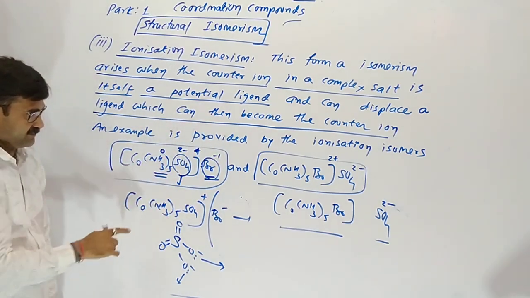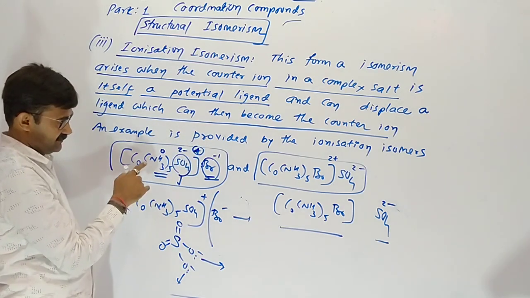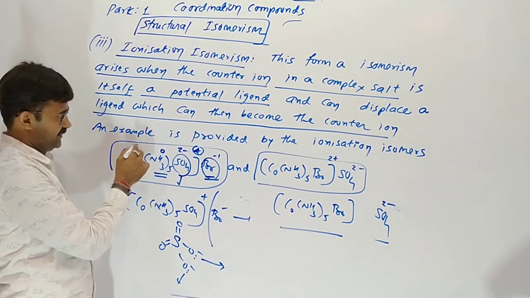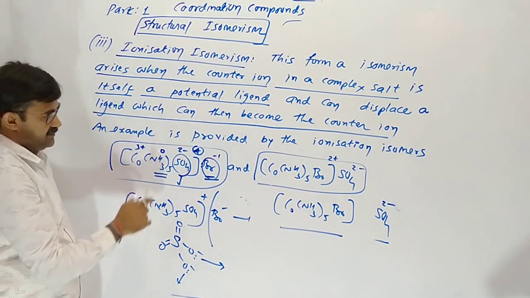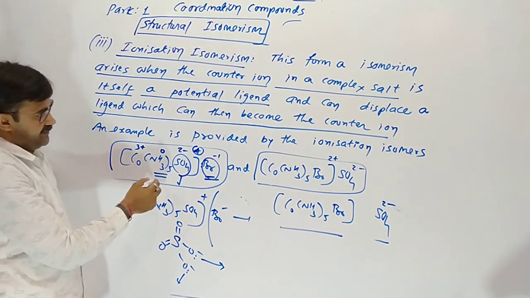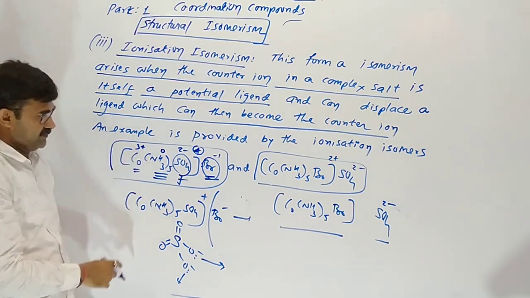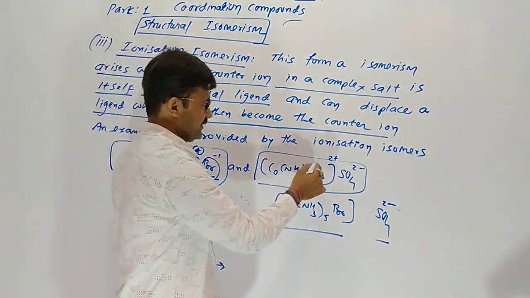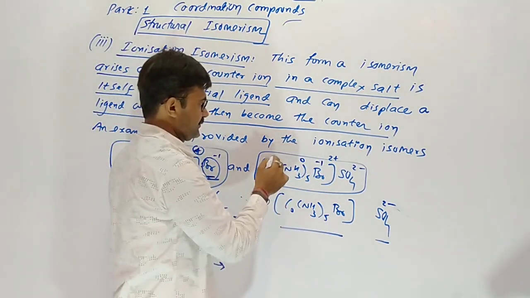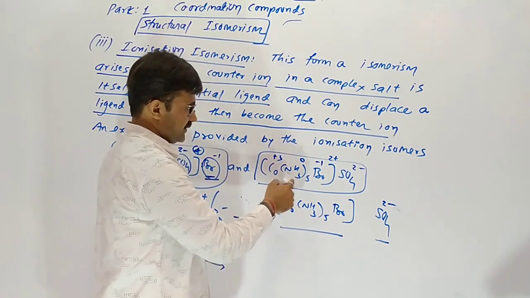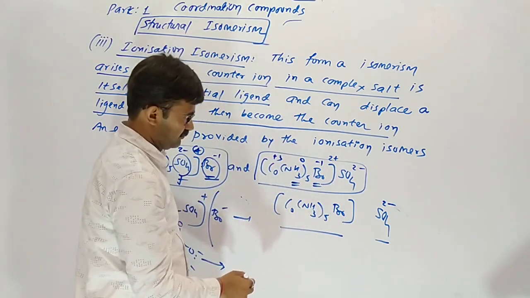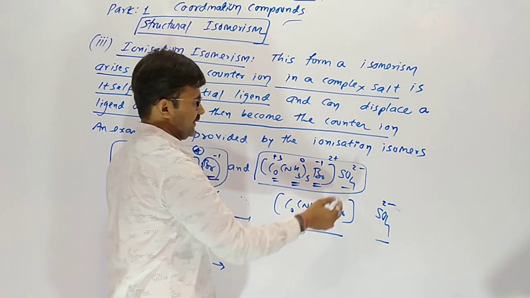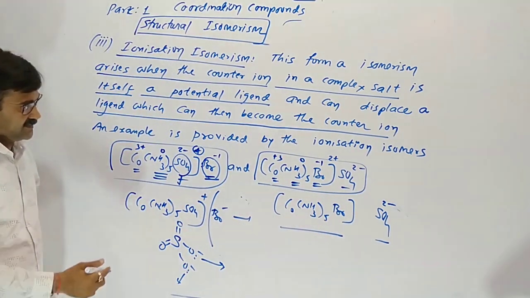Amine is 0. For getting +1, cobalt should be 3 plus. So pentaamminesulfatocobalt(III) bromide. Now this one is -1, 0 and plus 3: pentaamminebromidocobalt(III) sulfate.